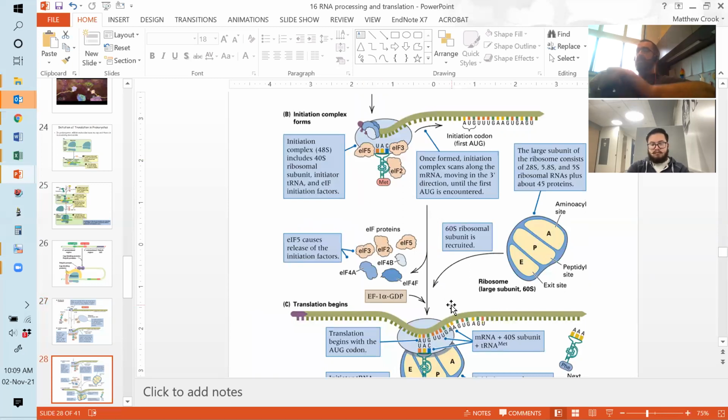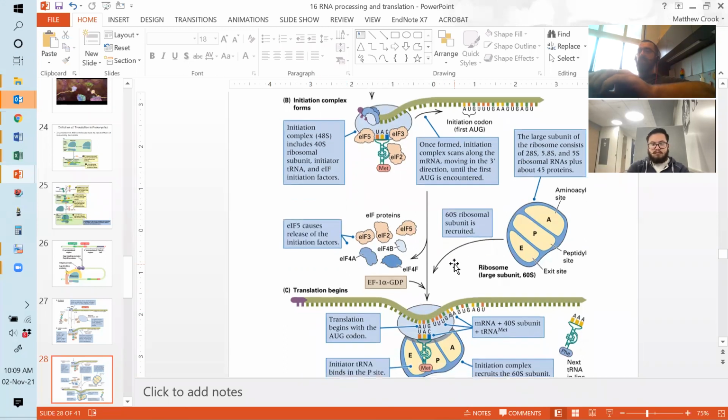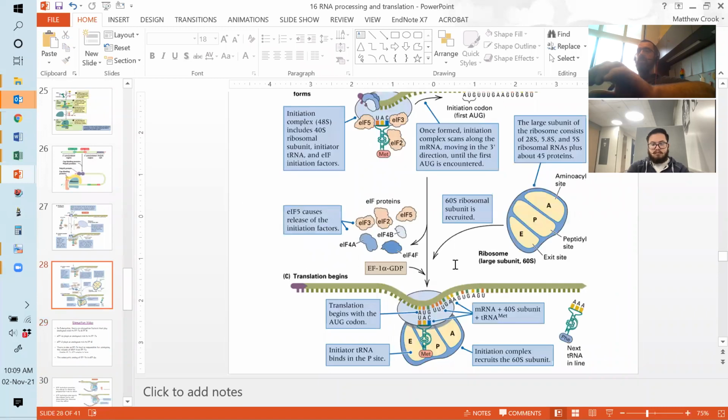As soon as it does, a bunch of those initiation factors leave, and that allows the large subunit to assemble over that tRNA. So in many ways, this is analogous to prokaryotes, because now the fMet tRNA is in the P site.